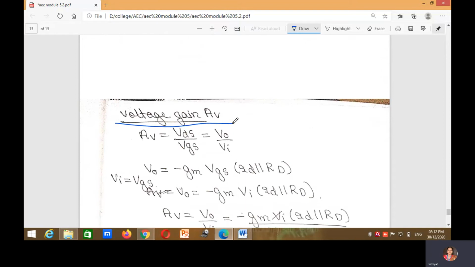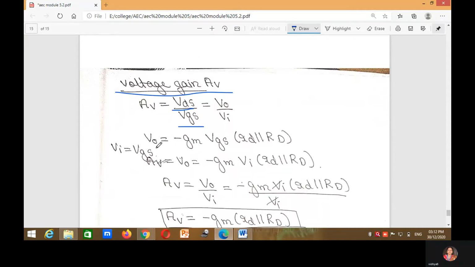Next is the voltage gain. Voltage gain is output voltage divided by input voltage. Output voltage is VDS and input voltage is VGS. V0 is equal to minus Gm into VGS, into RD parallel with capital RD.